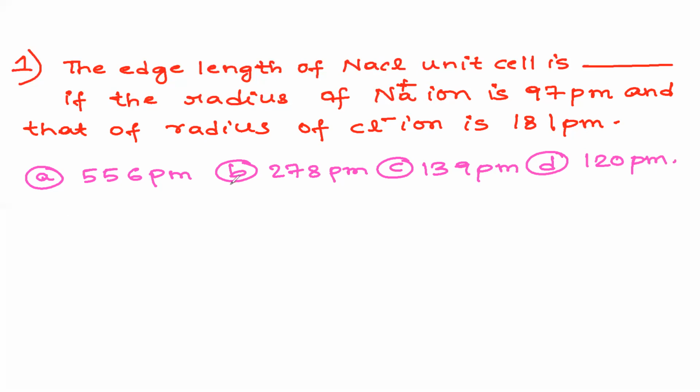I'll repeat the question again. The edge length of NaCl unit cell is dash, if the radius of sodium ion is 97 picometers and that of the radius of chlorine ion is 181 picometers. Now, already we know NaCl undergoes BCC lattice, where sodium ions and chlorine ions are at alternate positions.